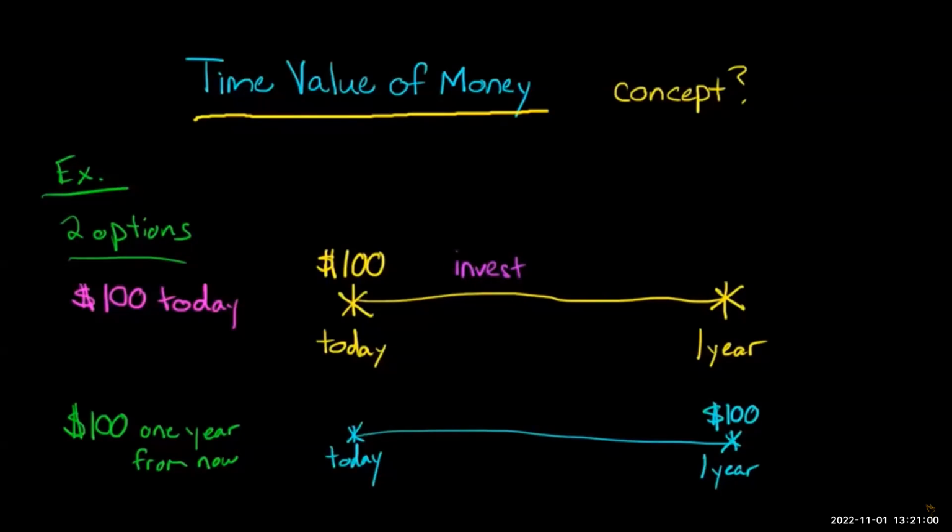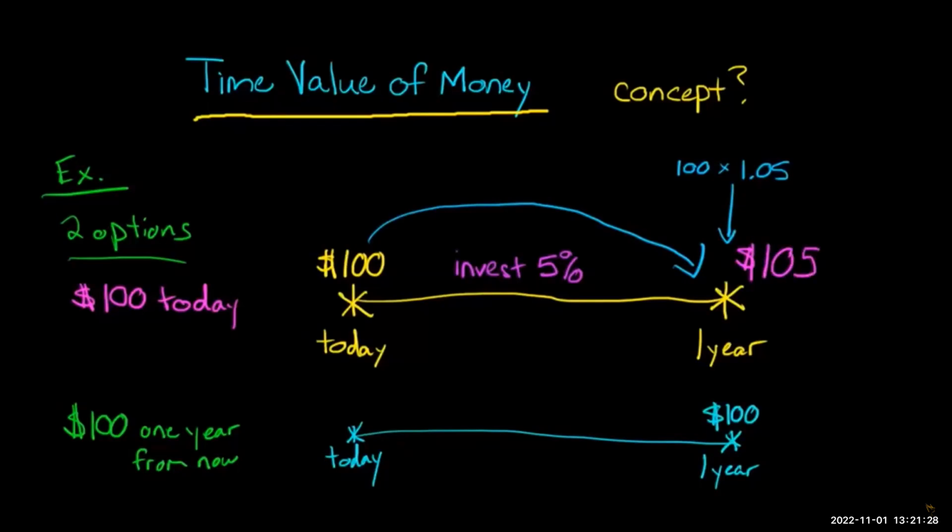Let's say you took it to the bank and got a 5% return on some kind of investment. At the end of that year, you don't have $100 anymore. What do you have? You're going to have 100 times 1.05, which is $105.